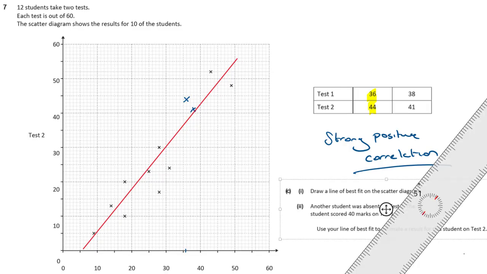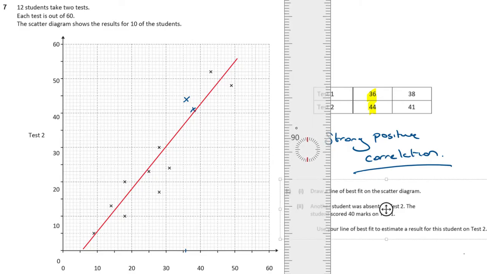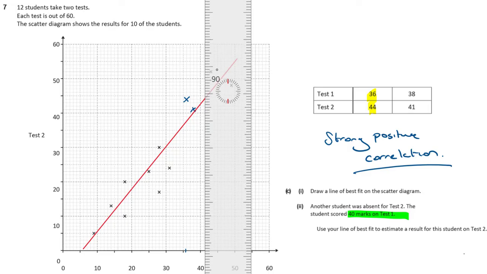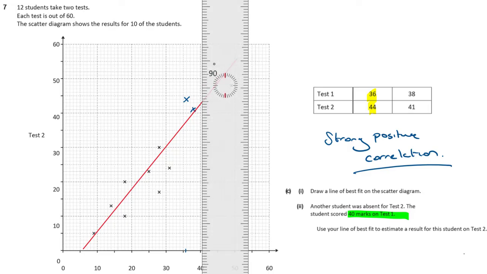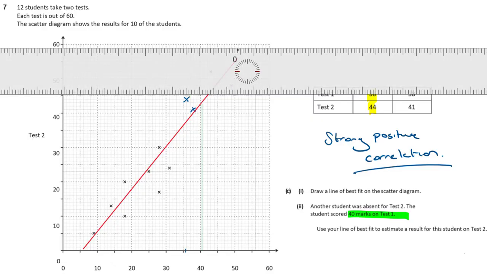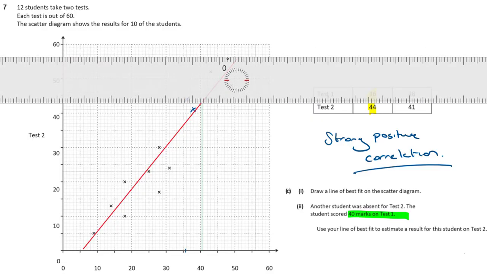Now that's really easy to do once you've got your line of best fit drawn. All you've got to do is read up from the value that you've been given. We've been told they got 40 marks on test 1. So reading up from 40 on test 1 until we hit our line of best fit, when we hit the line of best fit, we change direction and go the opposite way.